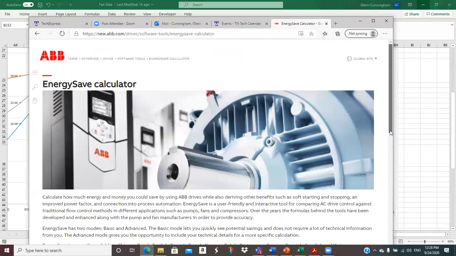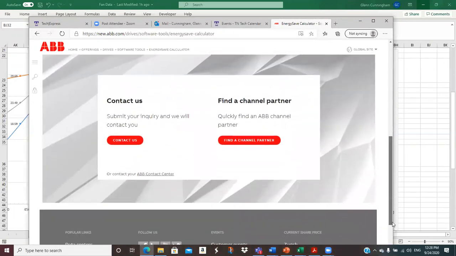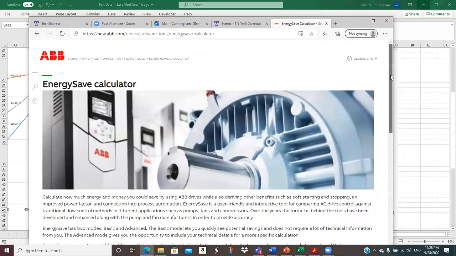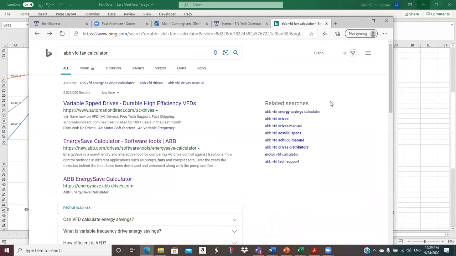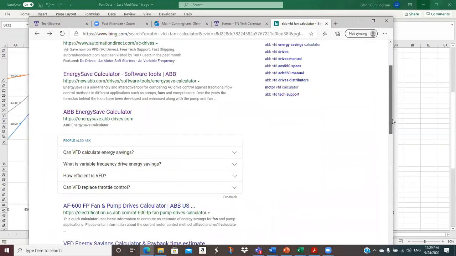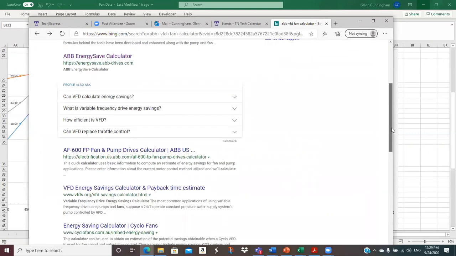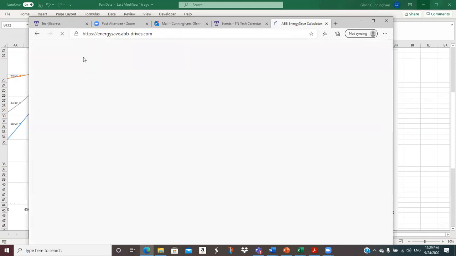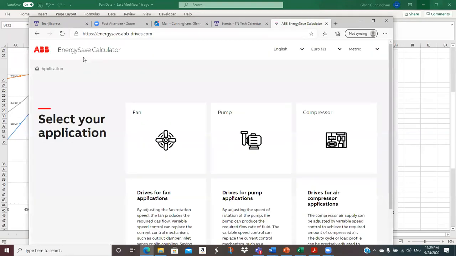Where's that one I had the other day? Ah, well, crap. VFD savings calculator. Where's the ABB one? Calculator. It's not going to let me go to that thing. There we go. Didn't find the right link.